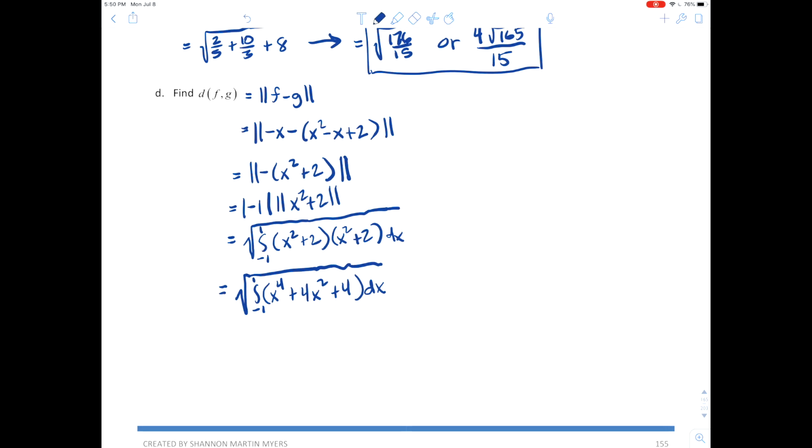All right, so then let's see what we get. So this will be the square root of 1/5 x to the 5th plus 4/3 x cubed plus 4x, evaluated from x is -1 to x is 1.